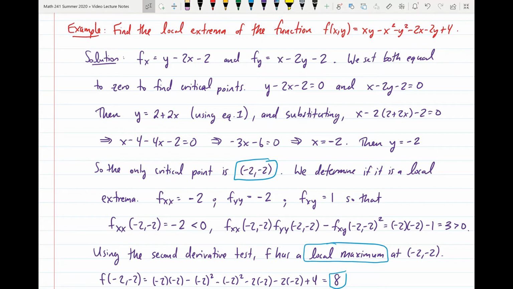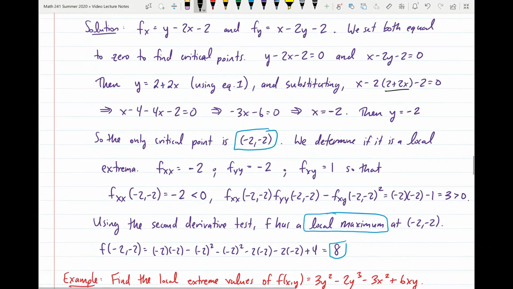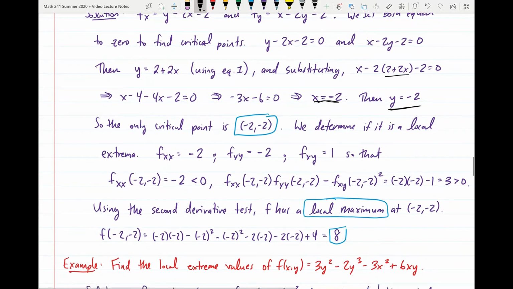Then we can substitute into the second equation, and we get x minus 2 times (2 plus 2x) minus 2 is equal to 0. Doing a little bit of algebra here, we end up finding that x is going to equal minus 2. And because x is equal to minus 2, we know that y has to equal minus 2. So the only critical point is going to be the point (minus 2, minus 2).